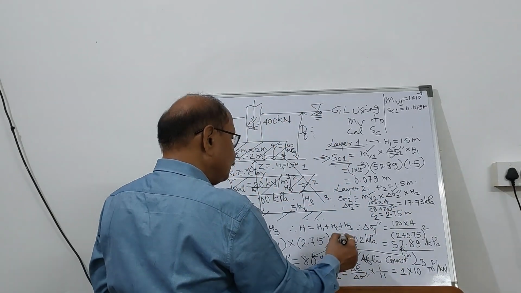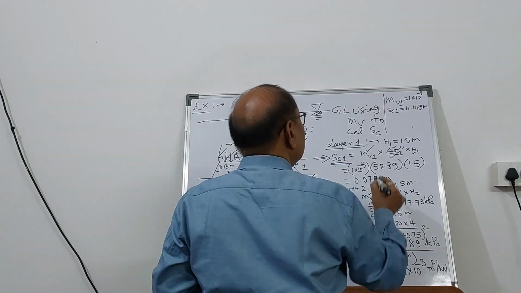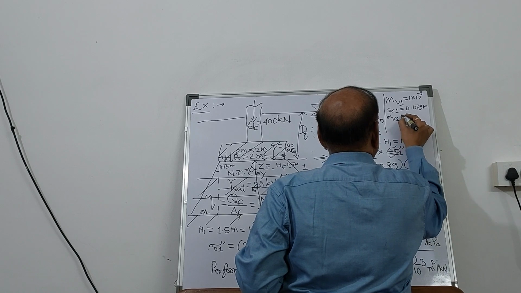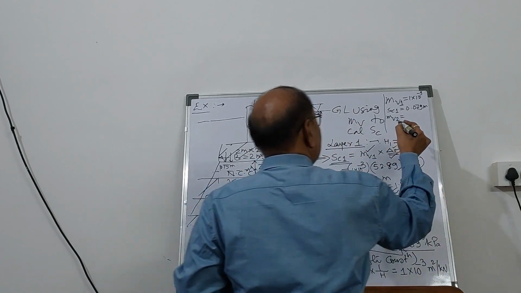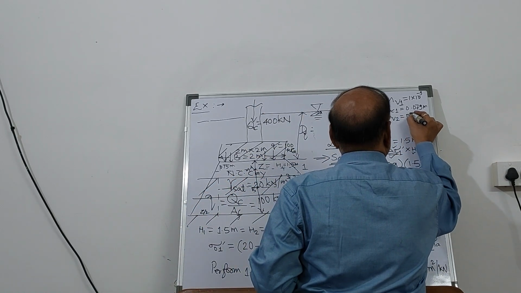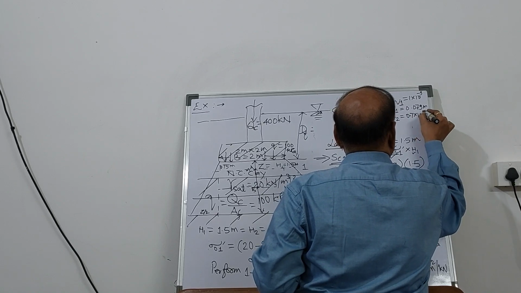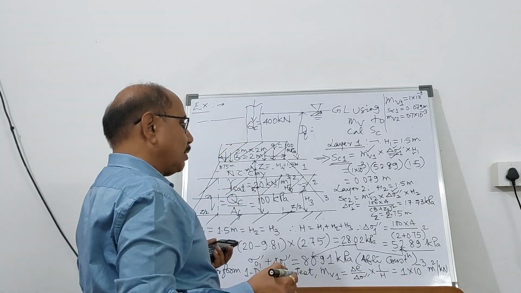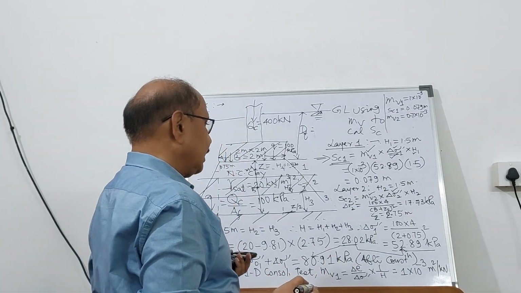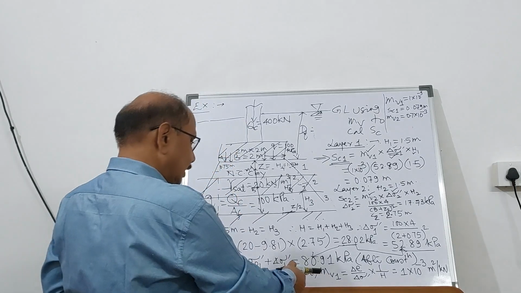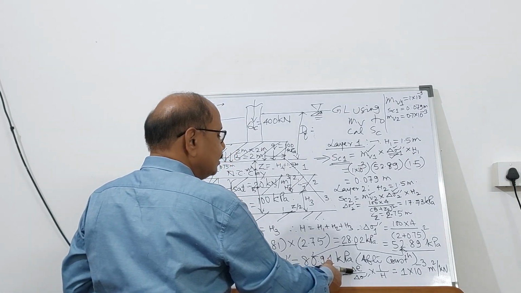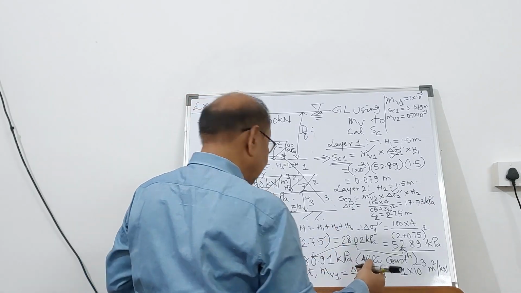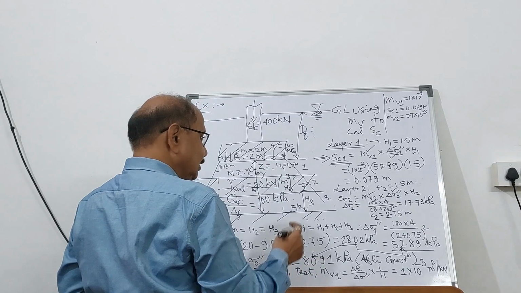MV2 is 0.7 into 10 raised to minus 3 meter square per kilonewton, where MV2 is calculated the same way: what is the change in void ratio for the increase in pressure for the pressure range?